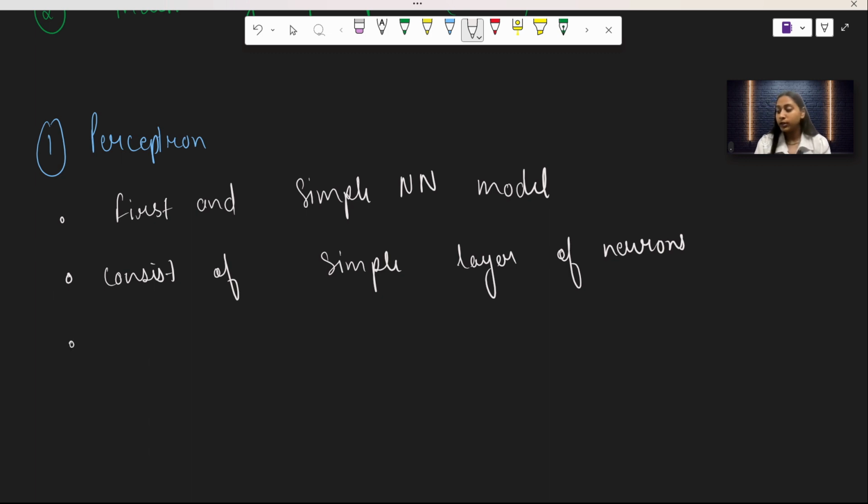Here it says it can only solve linearly separable problems.